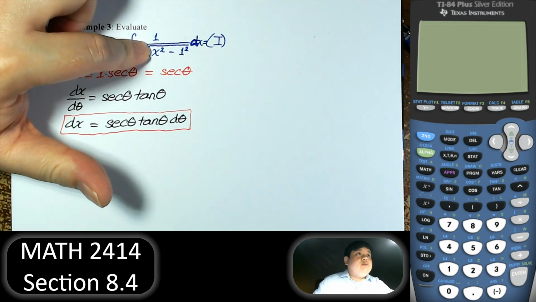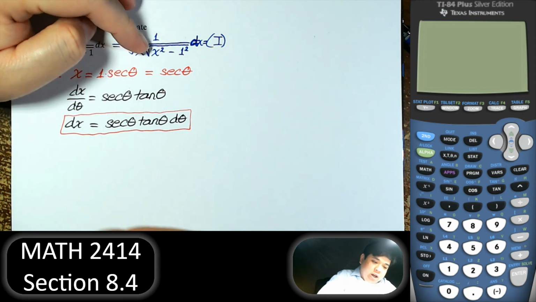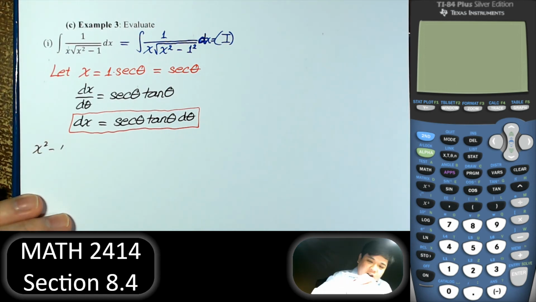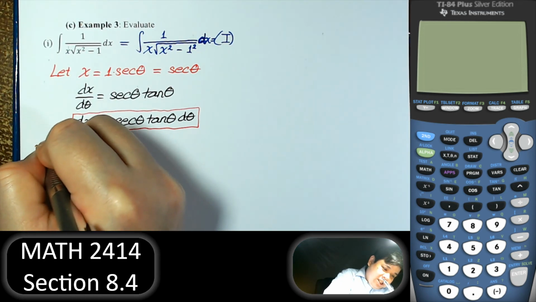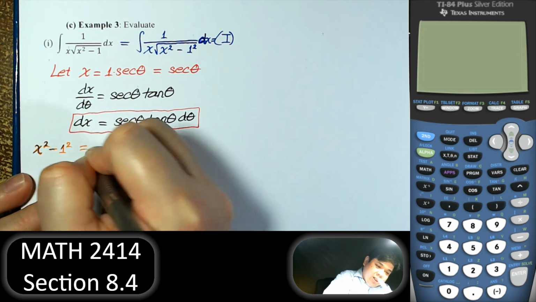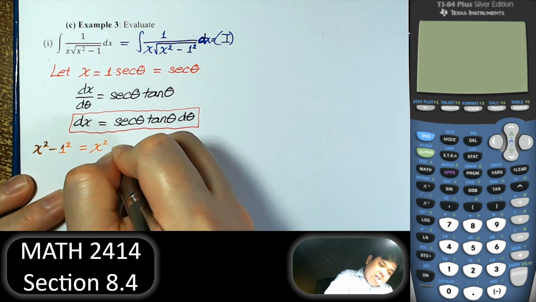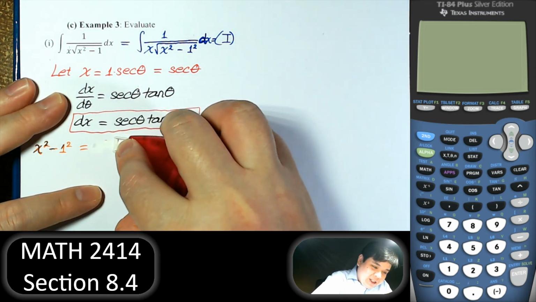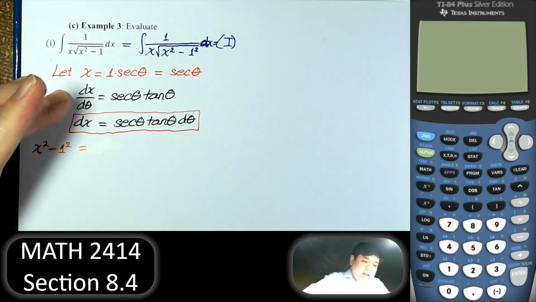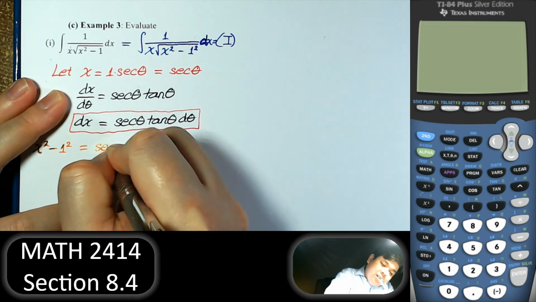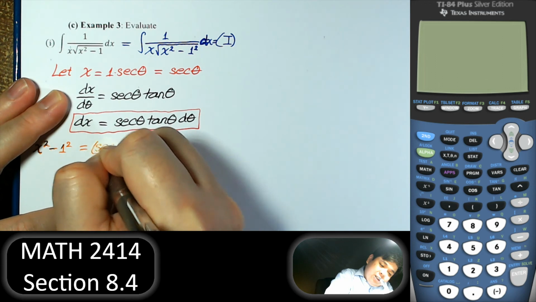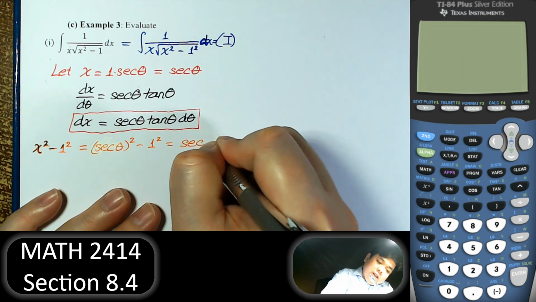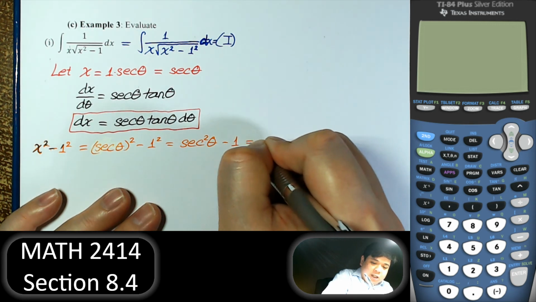After that, we need the square root of x squared minus 1 square, in particular x squared minus 1. Since x is secant, secant square minus 1 is tangent square.